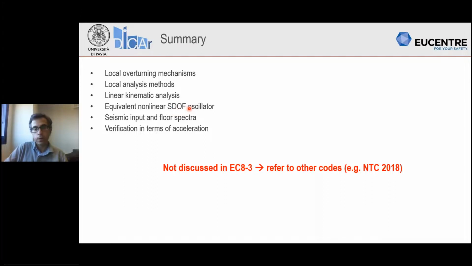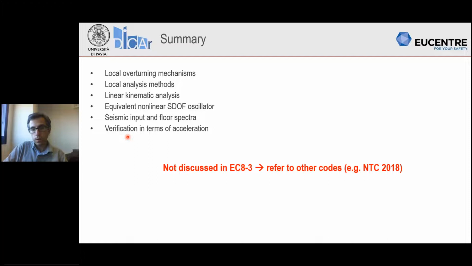To perform the assessment, we will also have to discuss how the seismic input is defined, because it is defined in terms of the so-called floor spectra. And finally we will arrive at the verification in terms of acceleration.